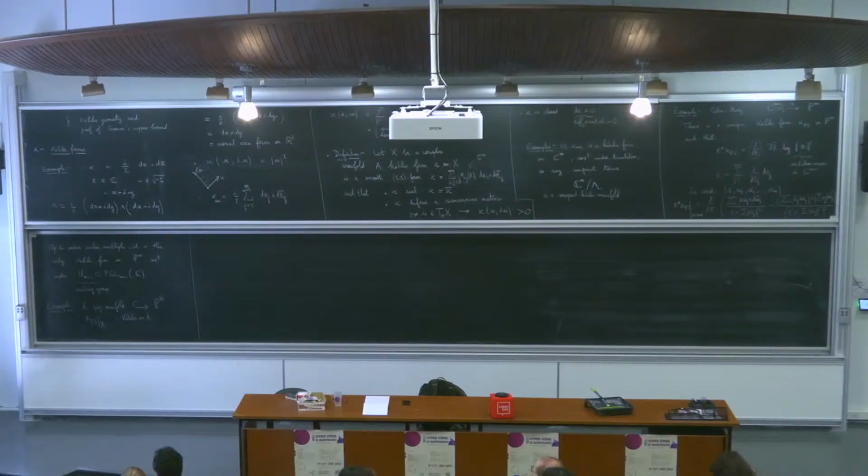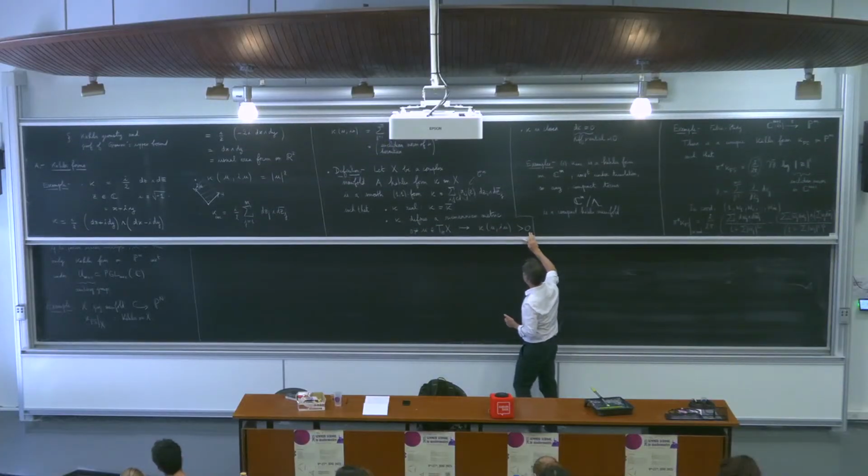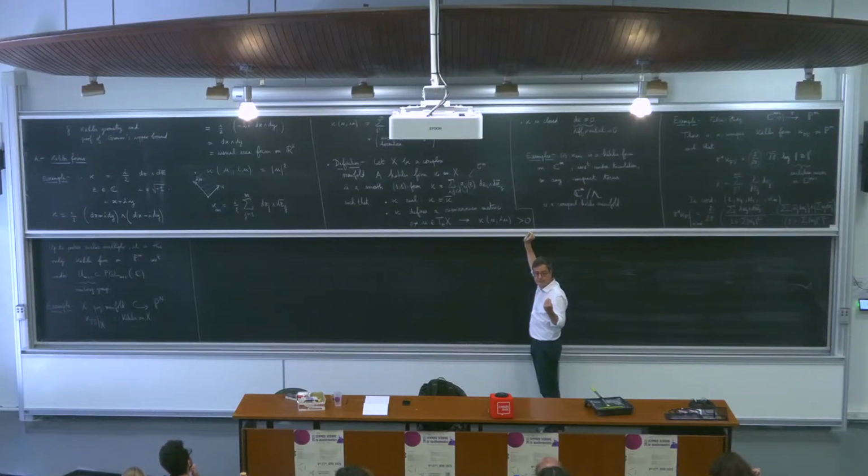Okay. So again, let me come back to the definition. If I have a compact Kähler manifold, I can choose a Kähler form on the manifold. Then I can define, using this formula, a Riemannian metric on my manifold, viewed as a real manifold now.